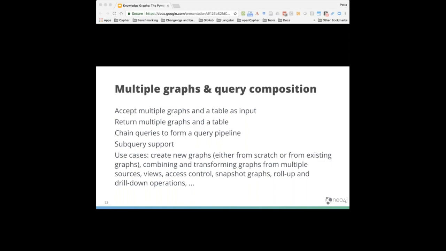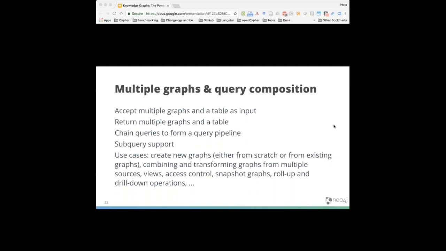So the idea is, in this brave new world, not only would we return a table as we do today, but we'd also return graphs. That's probably something many of you who've used Neo4j have always wondered. It's great that I'm able to query my graph, but I can only ever get the data out as a table. That's maybe a bit annoying. Well, in this new world, we'd be able to return the graph as well. And not just one graph, but multiple graphs, depending on what you need.